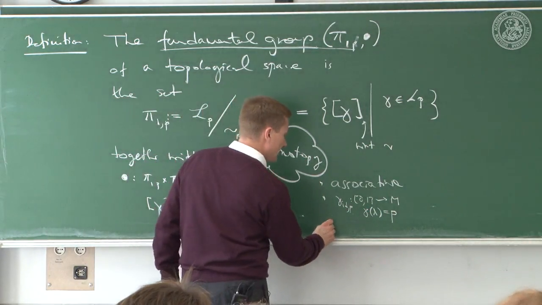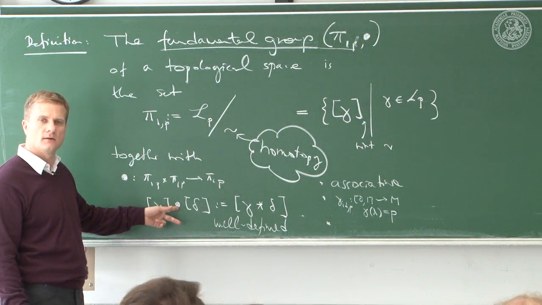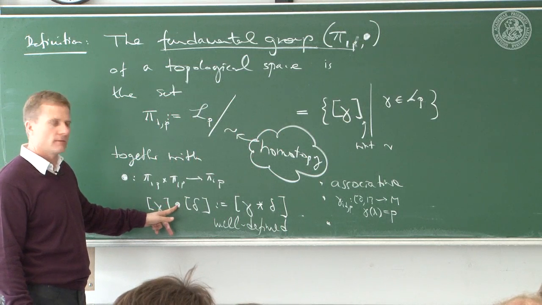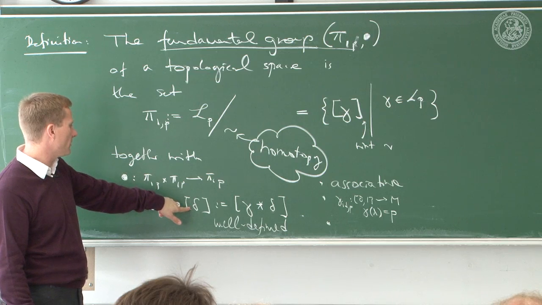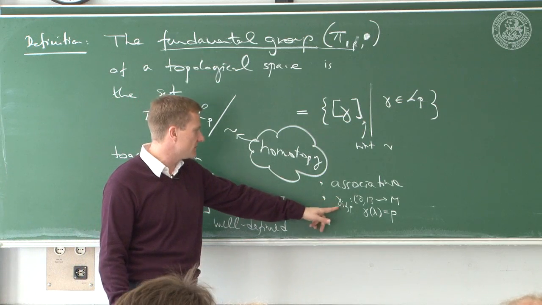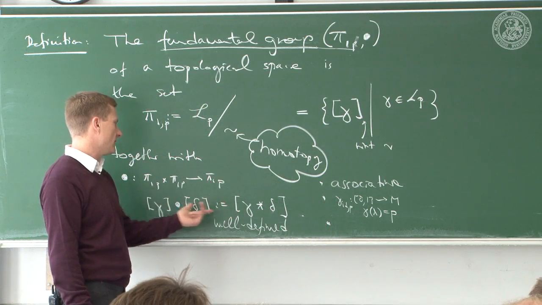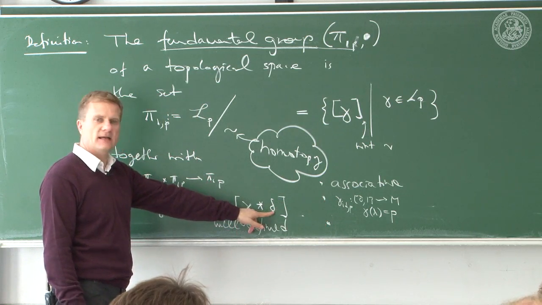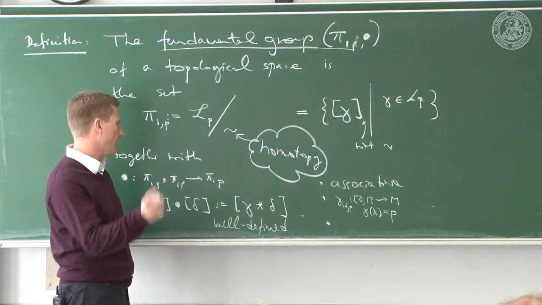And what's the inverse element of this operation? Well, you have a curve, and if you do this blob operation, you want to get the equivalence class of the identity curve. So how do you do that? Well, you choose the second curve and you run through it backwards.